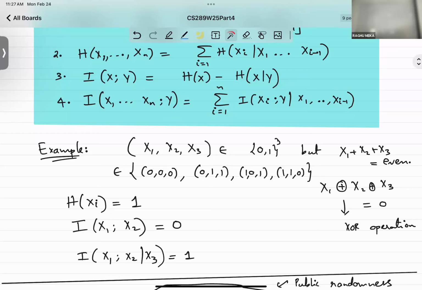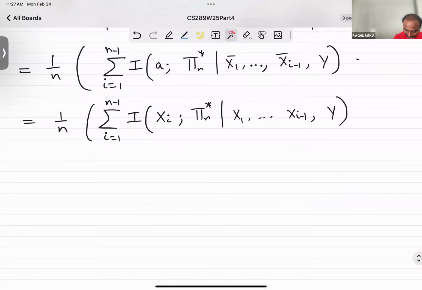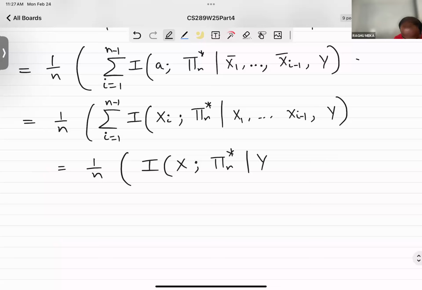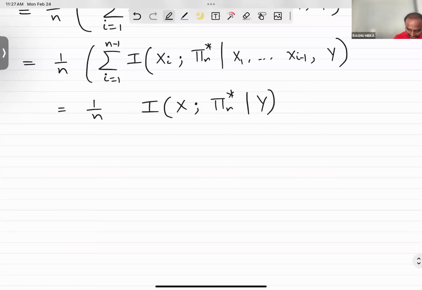We're looking at the mutual information with one bit conditioned on everything in the prefix, right? So this equals 1 over n times the mutual information between x and pi n star conditioned on y. Okay? By chain rule.